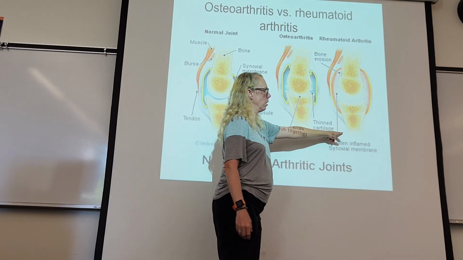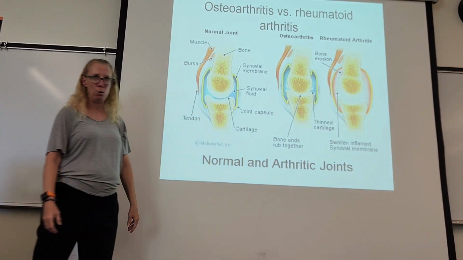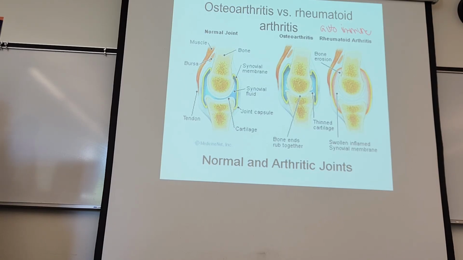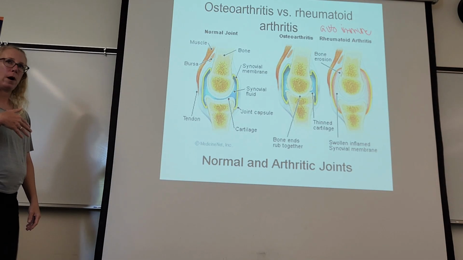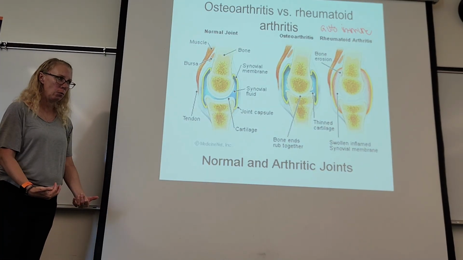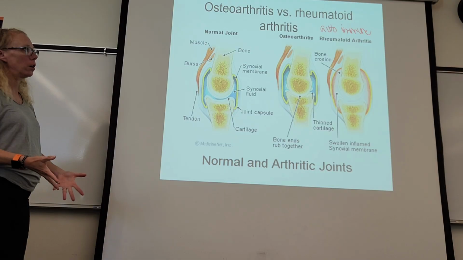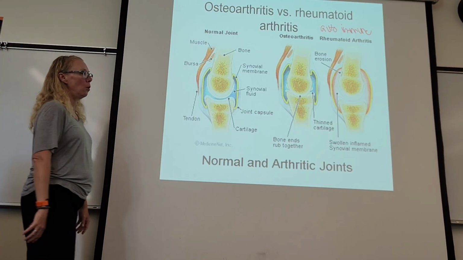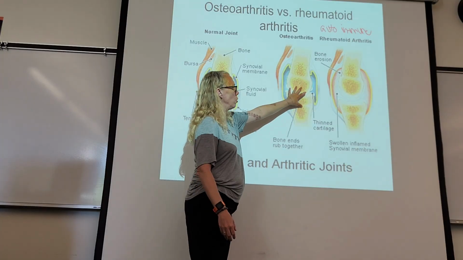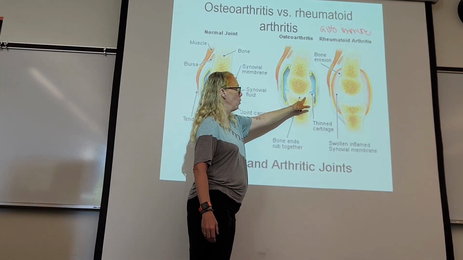Rheumatoid arthritis is an autoimmune disease, where your own body starts to attack itself. Osteoarthritis is just wear and tear, degenerative changes over time. Think of the construction workers, the heavy labor workers that come in to see me with osteoarthritis of the knees. This is showing you where we've got bone on bone.